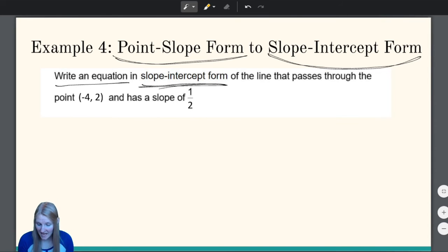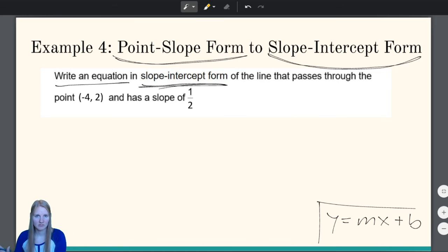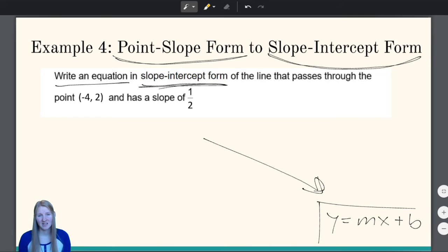So in the end, I want y equals mx plus b. But can I go straight there? Can I go straight to y equals mx plus b?